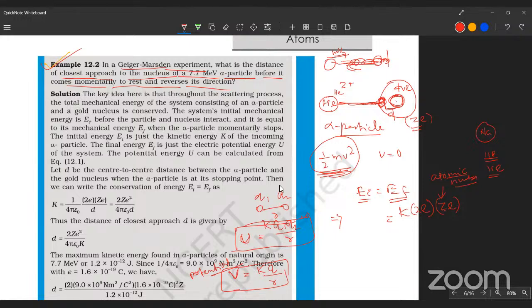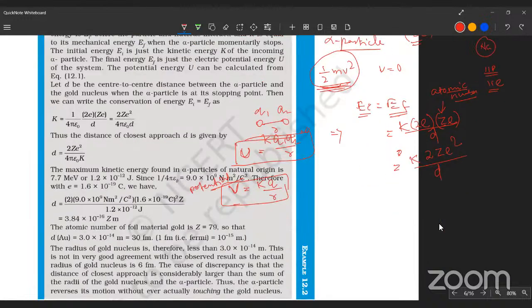So we can write that this final energy is K into 2Ze square by R. R is the distance, let's say D. So we can write K 2Ze square by D. This is your EF. Now this is equal to your half mv square. That is kinetic energy.